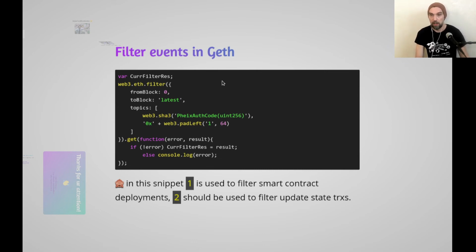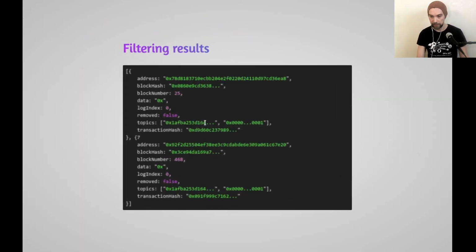After execution, the filter result variable will contain an array with the smart contract details. These events are filtered by event ID, and in the snippet, as you see, one is used to filter smart contract deployments and two should be used to filter update state transactions. So let's see the result of filtering.